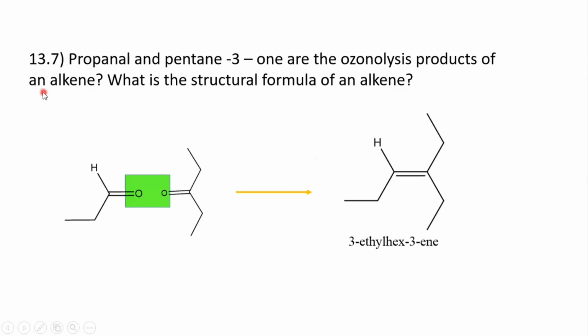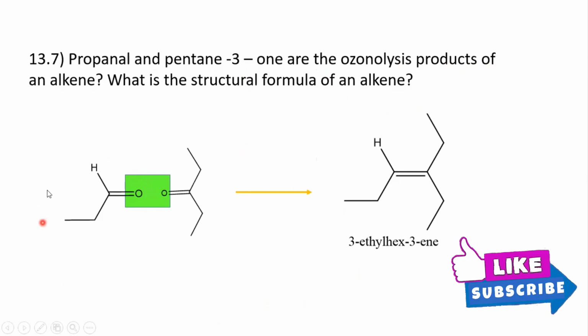And the next question is, propanal and pentan-3-one are the ozonolysis products of an alkene. What is the structural formula of the alkene? So again, you have to write propanal. Propanal is the 3-carbon aldehyde. This is 1, 2, and 3 carbon atoms, and 3-pentanone or pentan-3-one.